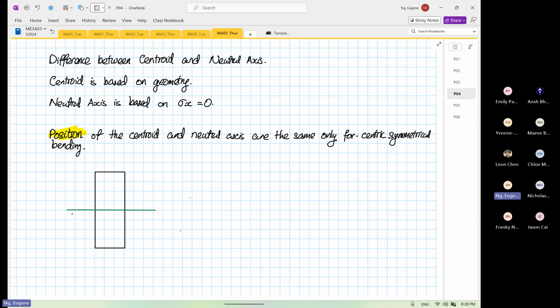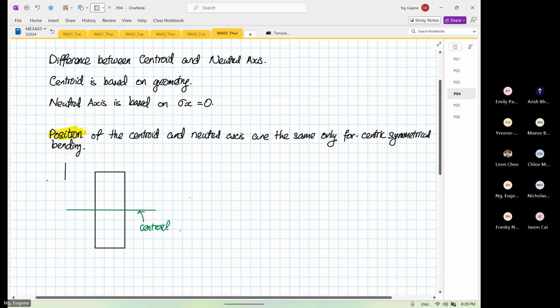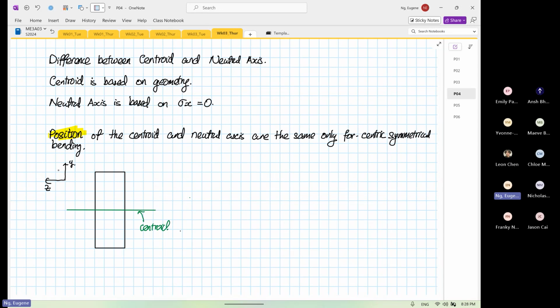Okay, so this is our centroid. And I'm going to call this Y or Z. Well, this is rotation about X.